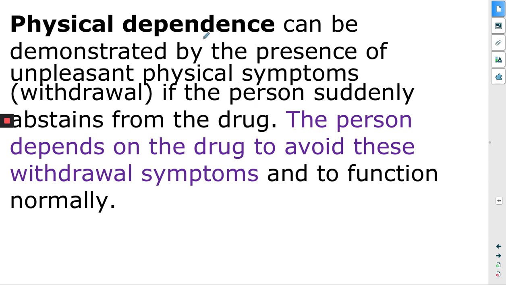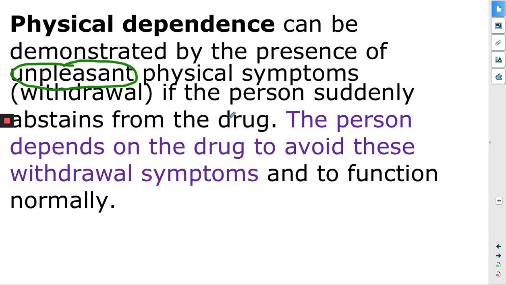Okay, so the next thing we need to look at, the way that they classify the specification, is that they want us to make a distinction between physical dependence and psychological dependence. I suppose the only real difference is that the unpleasant symptoms associated with dependence are physical for physical dependence and psychological for psychological dependence.